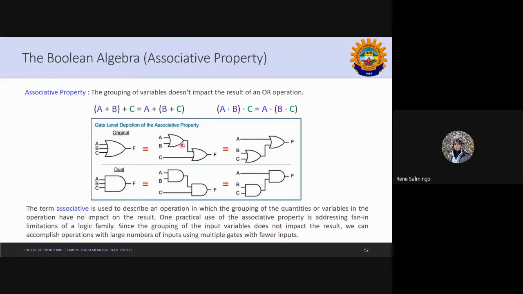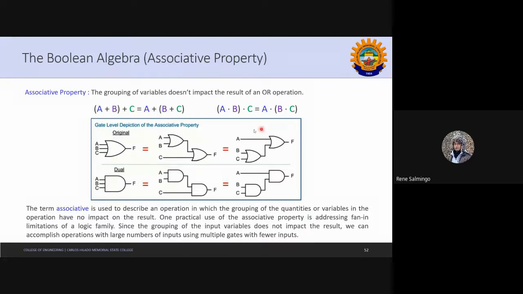This is the associative property. When we say A or B, and after this you OR these two values, you have this circuit for this.